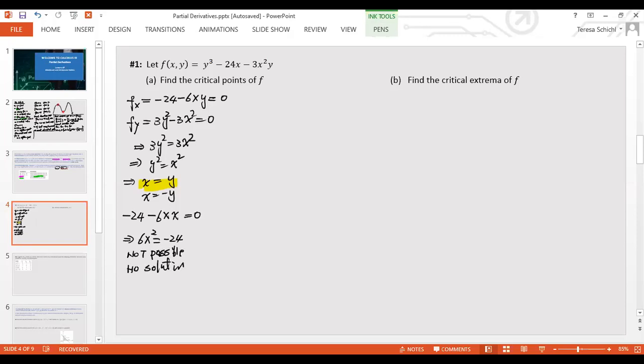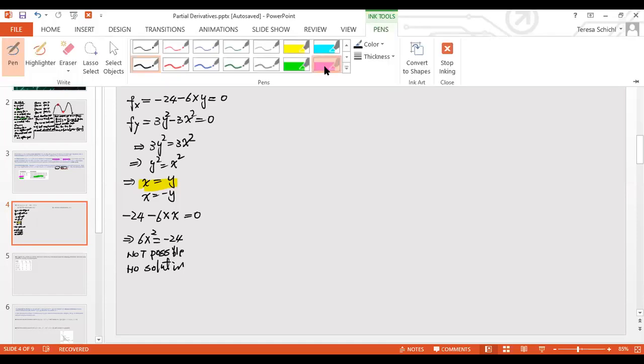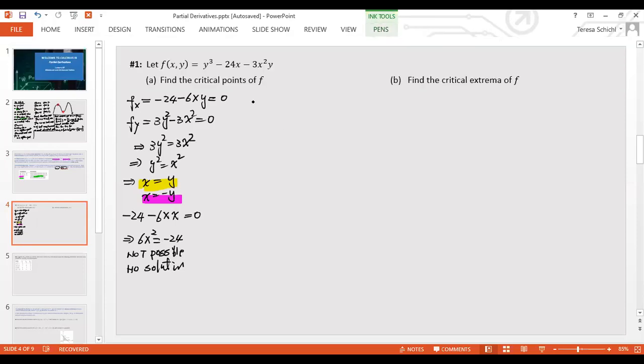Now let's plug in the other one, x equals negative y, and see what happens. This is negative 24 minus 6x times negative y equal to 0. I'm sorry, so this is negative 24 plus 6x squared equal to 0. So 6x squared equals 24, so x squared equals 4.